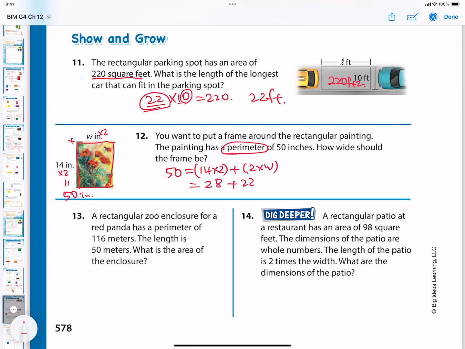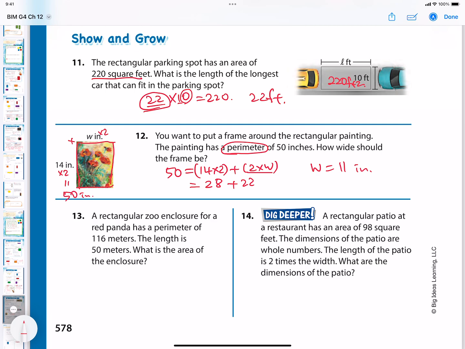And that is equal to 2 times W. So W is 15. Okay, I'm kidding. Width is what? Hold on. No, I want to erase. Okay, width is 11 inches here.